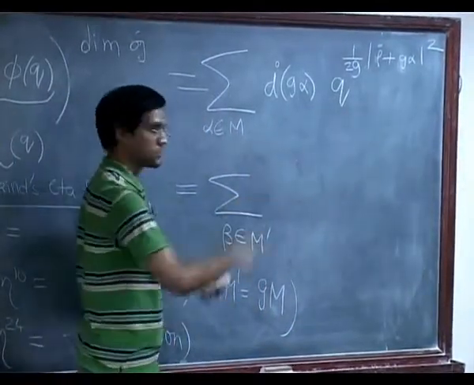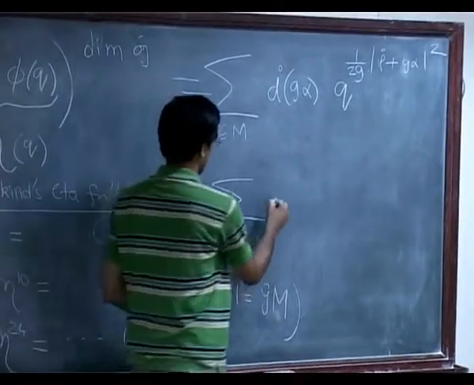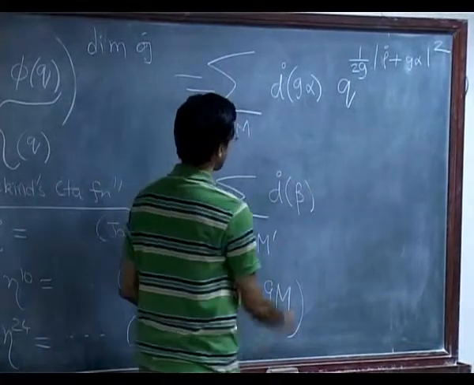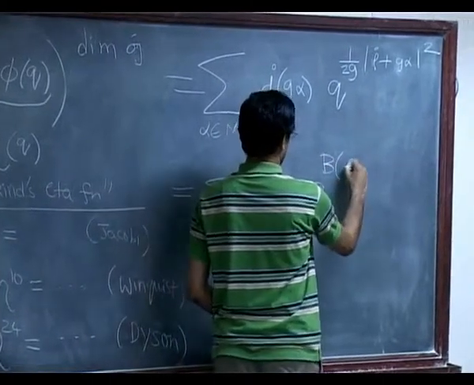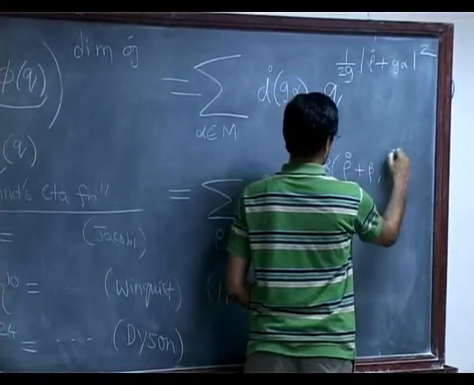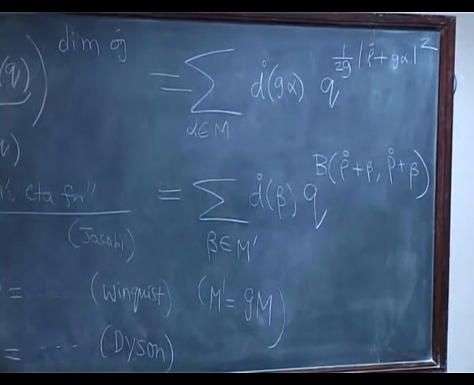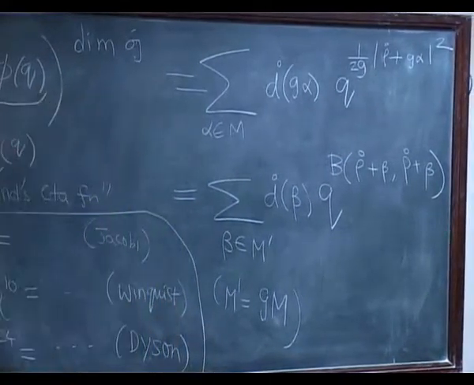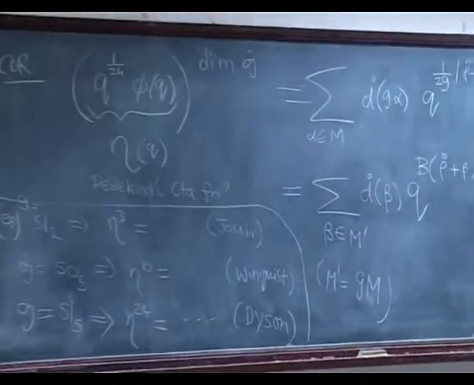So, I look at this sort of the coarser lattice g times m, and this is now g dot d dot of this number beta q raised to Killing form of... just another equivalent version of the Macdonald eta function identities.